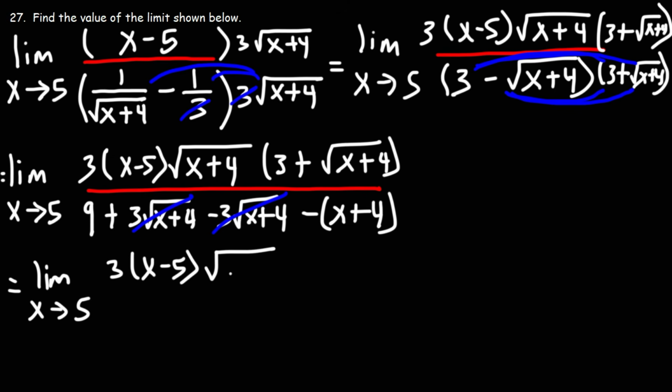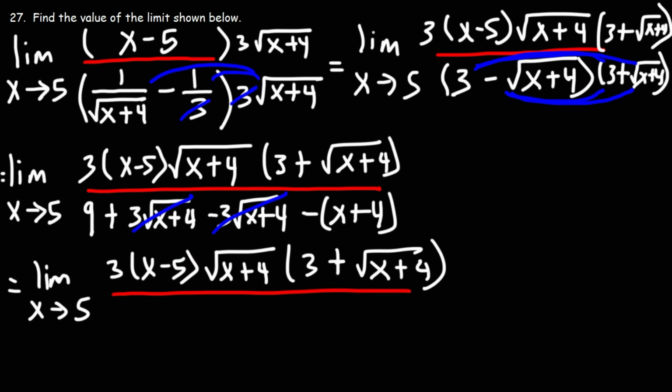There's a lot of writing that needs to be done for a problem like this. Now, in the denominator, we have 9, and then distributing the negative sign, that's going to be minus x minus 4.